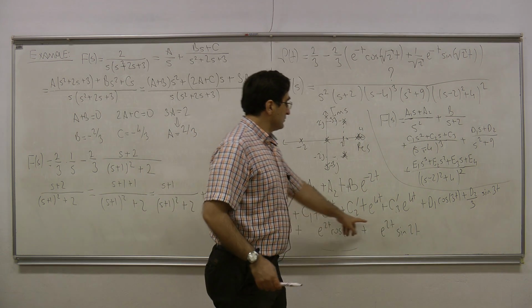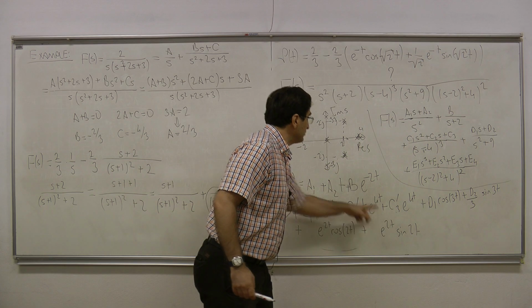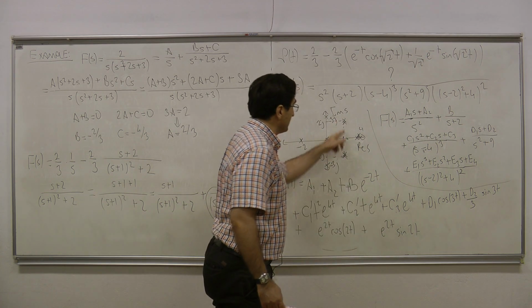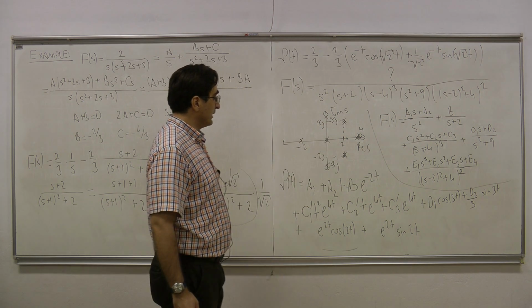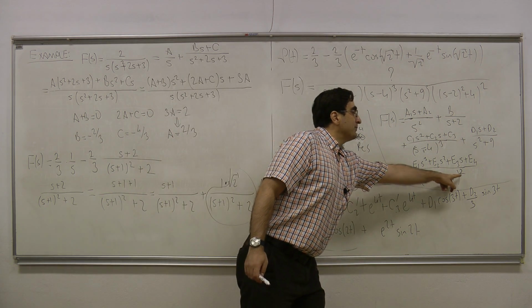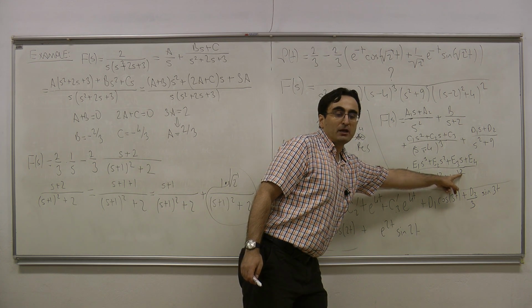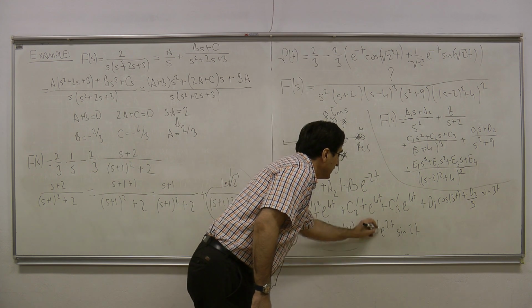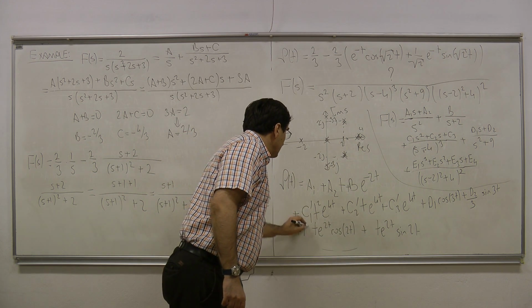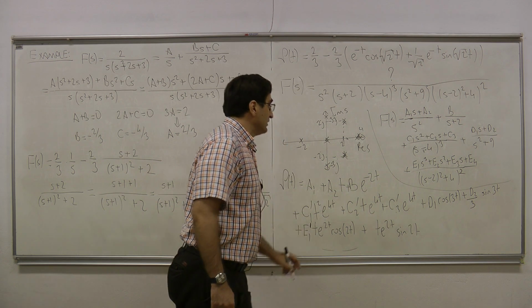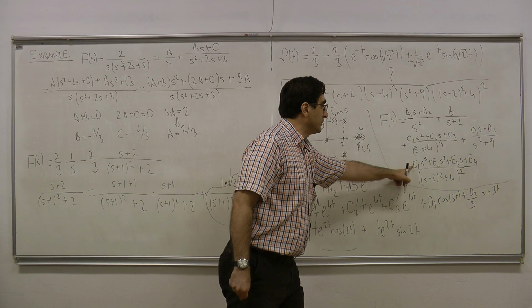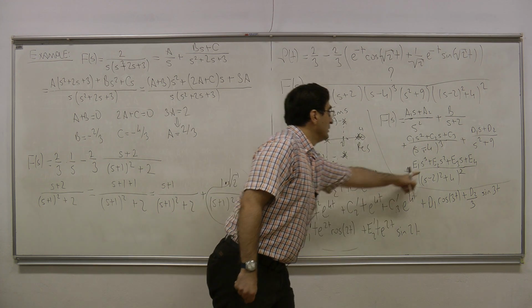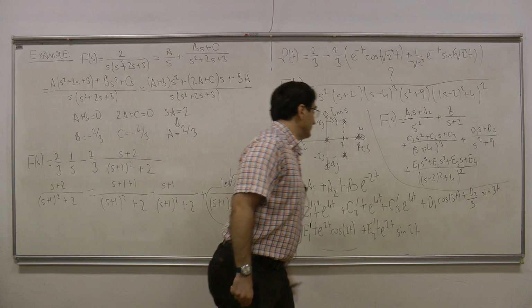Okay? e to the 2t is coming from the real parts, and sine and cosine 2t are coming from the imaginary parts. But because of these 2 here, there is the multiplicity of these poles. I'm going to have to add a t multiplier here, and I will put here E1 prime. In general, this E1 prime does not have to be equal to this E1, and I will put here E2 prime. This does not have to be equal to E2 here.